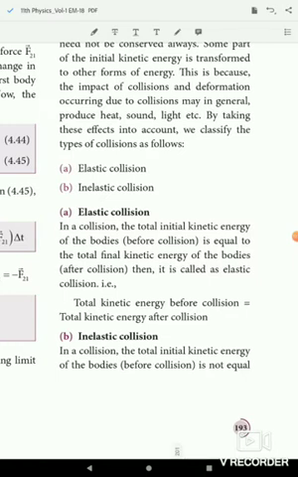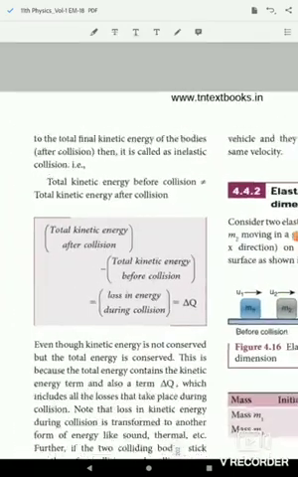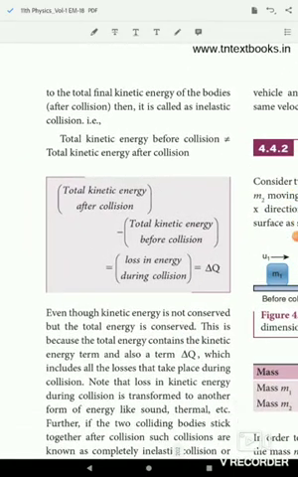Then in inelastic collision, the total kinetic energy of the bodies before collision is not equal to the total kinetic energy after collision.